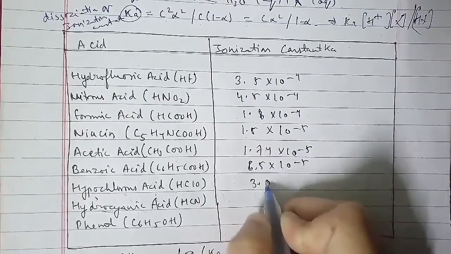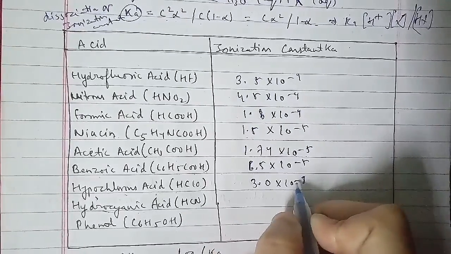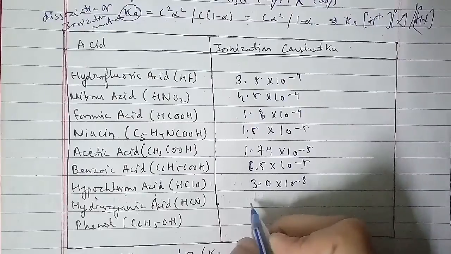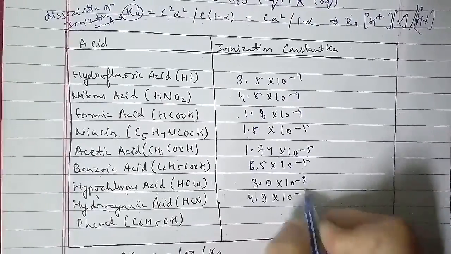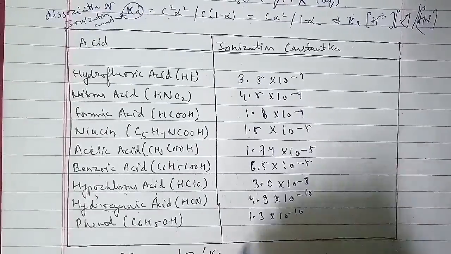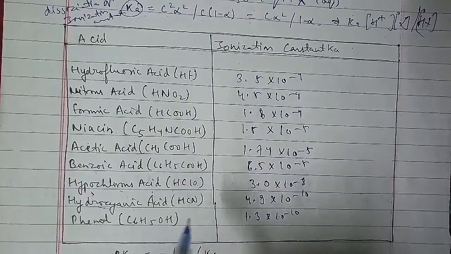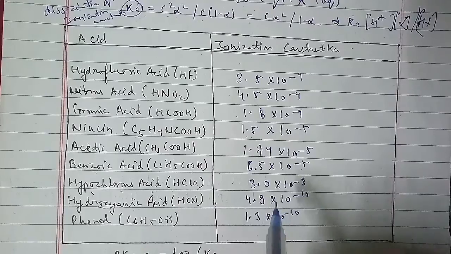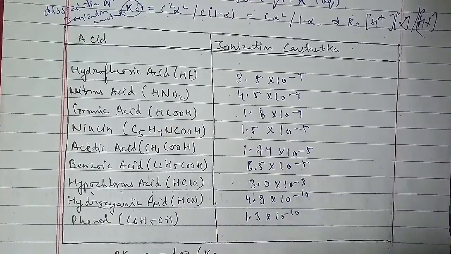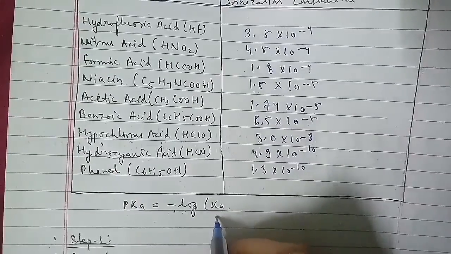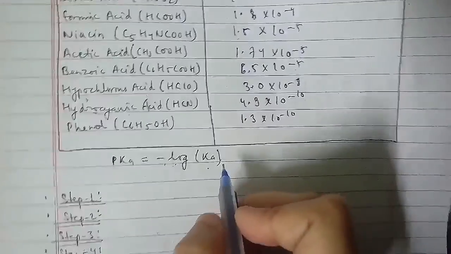In step one, the species present before the dissociation are identified as Bronsted-Lowry acids and bases.